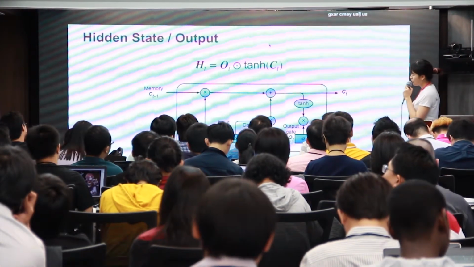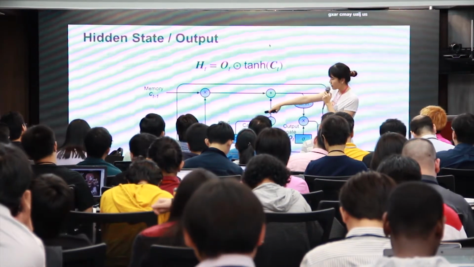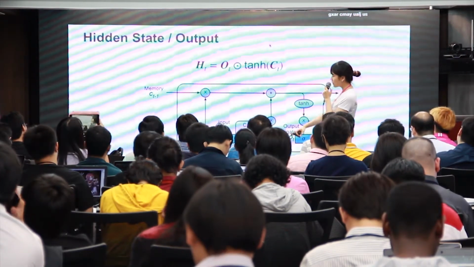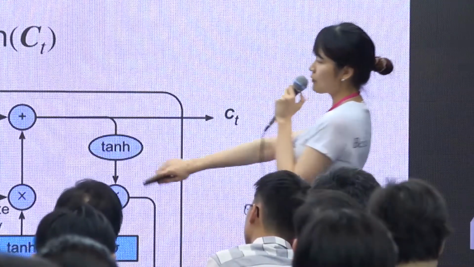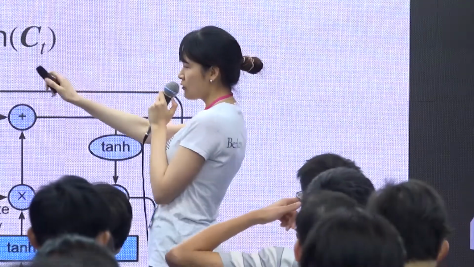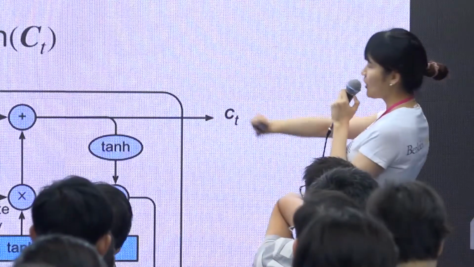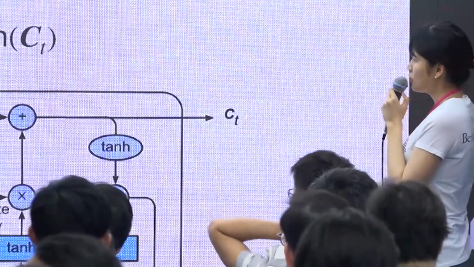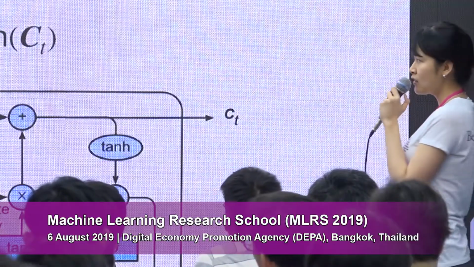So you will have two rows. The bottom row goes from the previous hidden state, H(t-1), to the new hidden state, H(t). You also have the upper row, which is the memory cell row, from C(t-1), and you pass it along, do some multiplication, update it, and get the new memory. So how do you get your new hidden state?